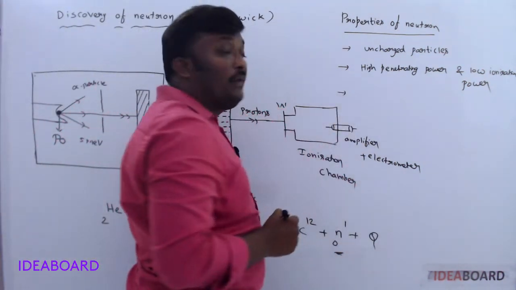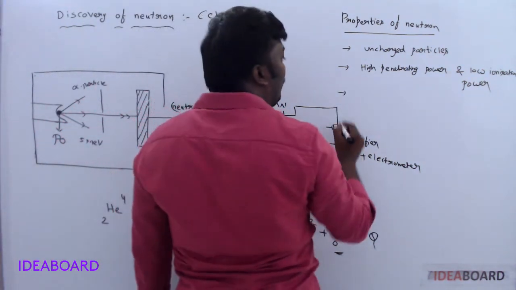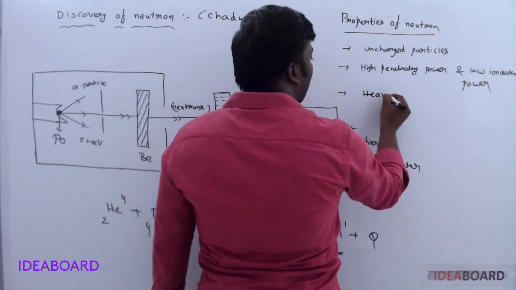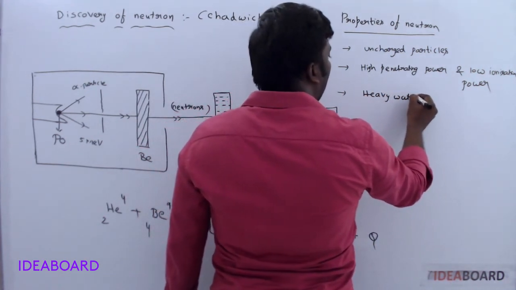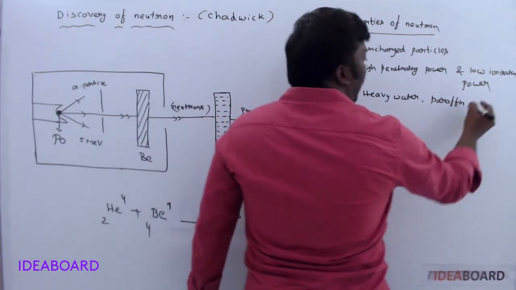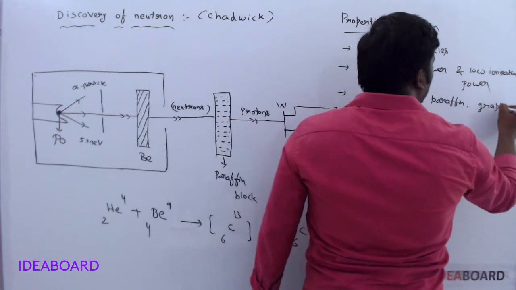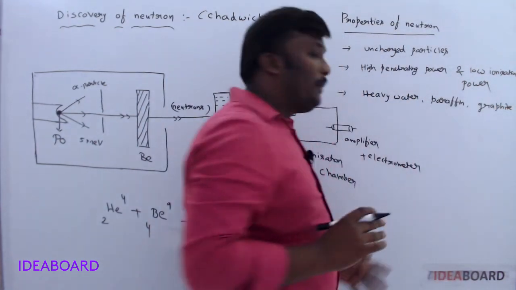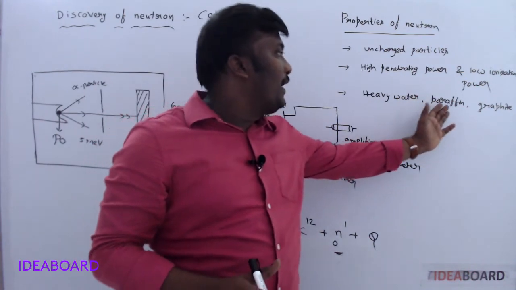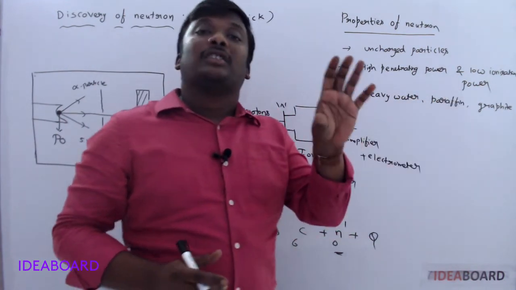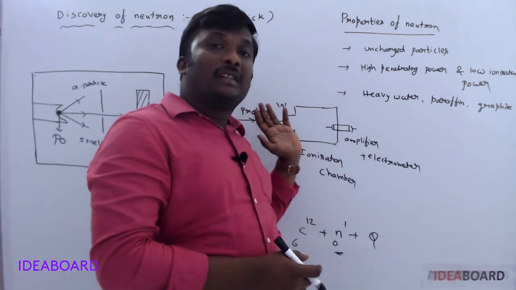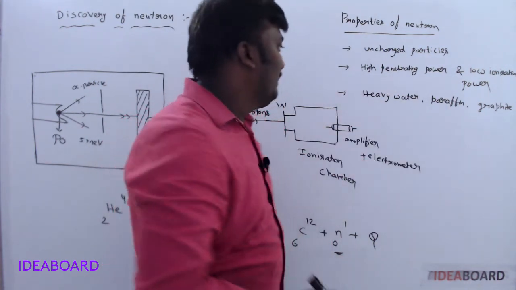Fast moving neutrons are slowed down when they are sent through heavy water, paraffin, or graphite. So when you pass these fast moving neutrons through heavy water or paraffin or graphite, the neutrons slow down.